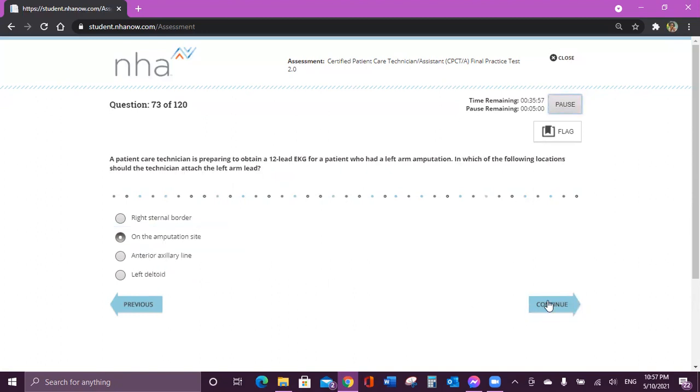A patient care technician is preparing to obtain a 12-lead EKG for a patient who has an amputated arm. In which of the following locations should the technician attach the left arm lead?